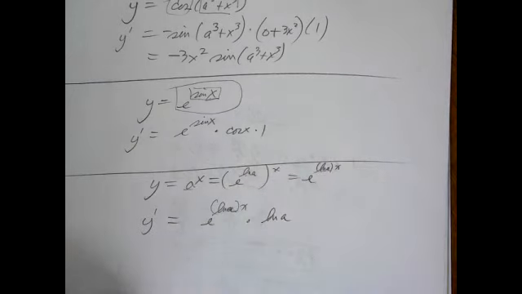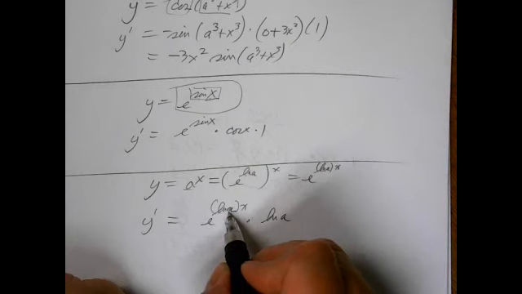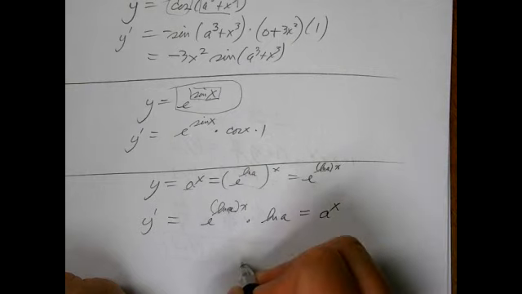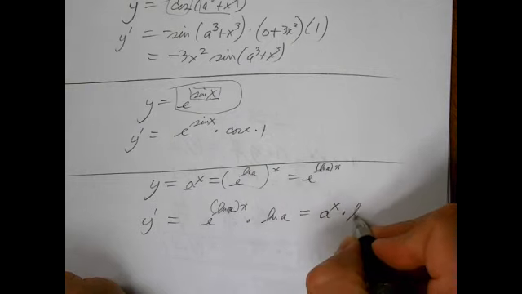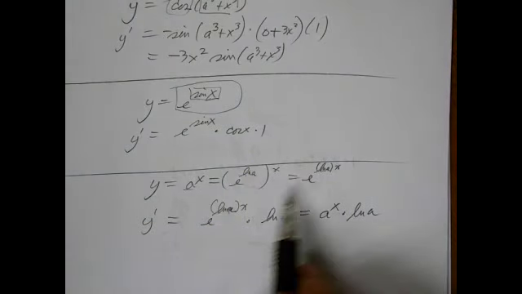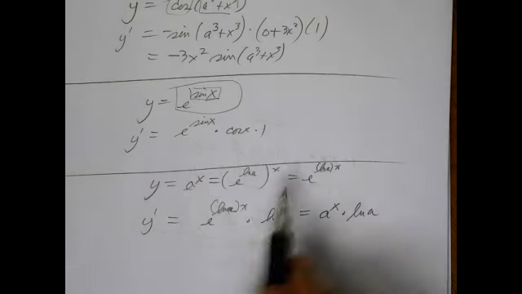What's going to happen here is, again, the e and the natural log will cancel each other out. So this turns back into a to the x. And the times the natural log of a is there. So that allows you to take any base to a power, and differentiate it accordingly.